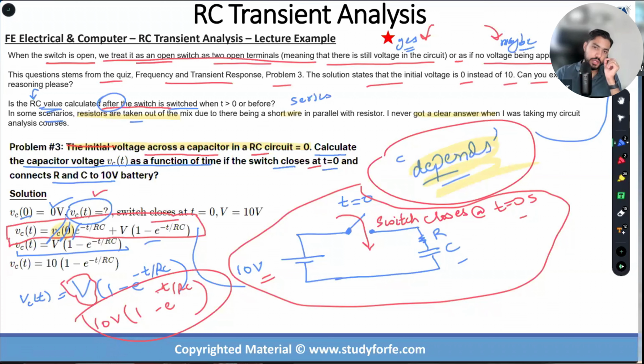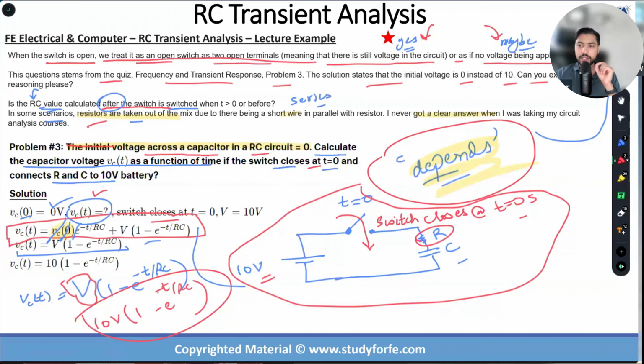That's another key point with the capacitor. That's the resistance that matters. So you can see that the series resistor is this, and needs no other resistor. Yes, in some scenarios we do take the resistors out if they're shorted. In some scenarios, we end up with a parallel arrangement in series with a capacitor. So those scenarios really depend.